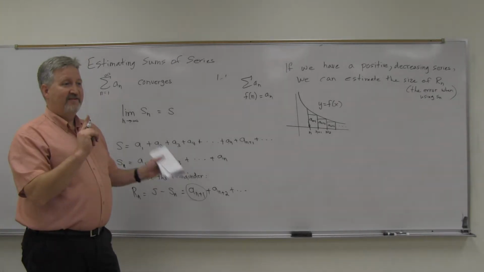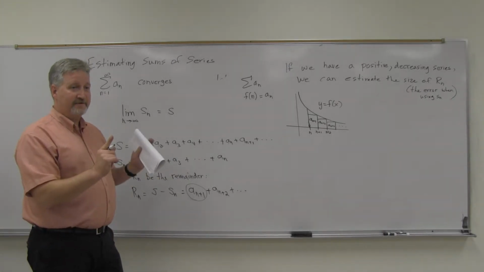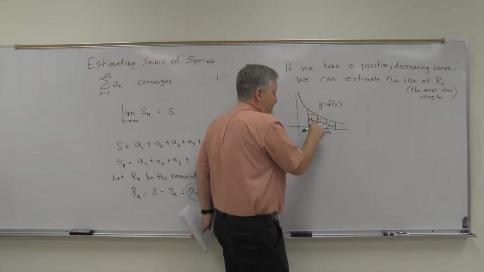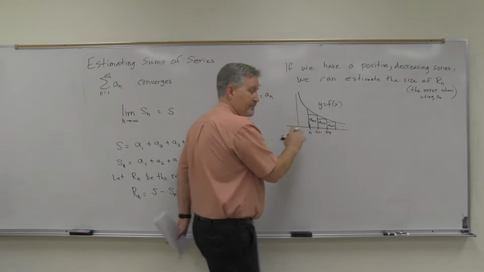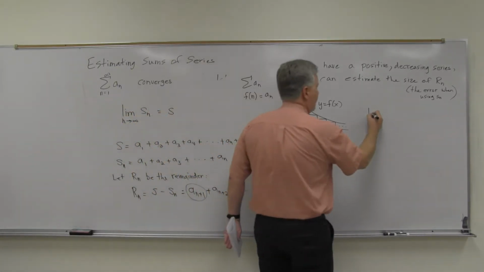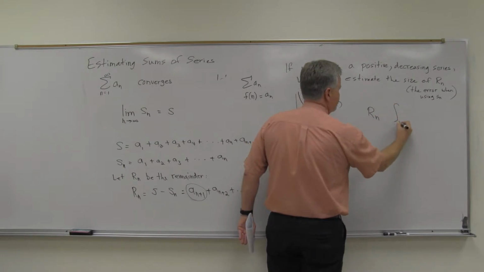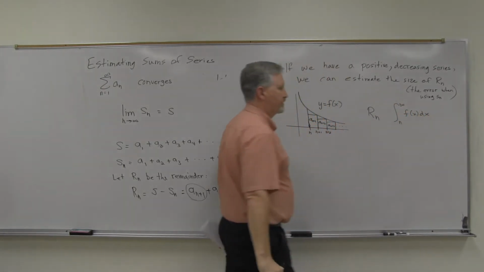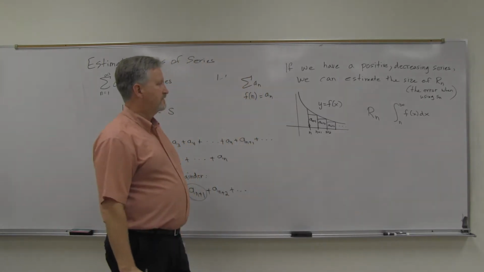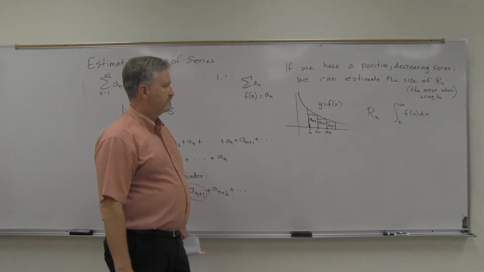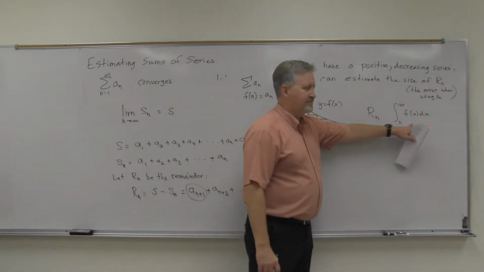Now, you see how that's related to the integral. The little rectangles I've got here represent R sub n. How is R sub n related to this integral from n to infinity of f of x dx? Looking at the diagram, what does this represent?